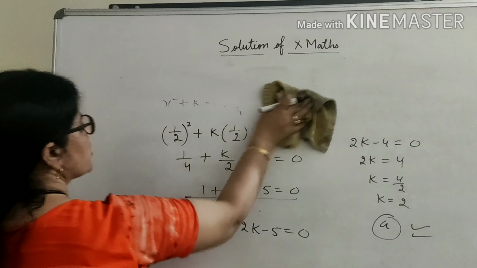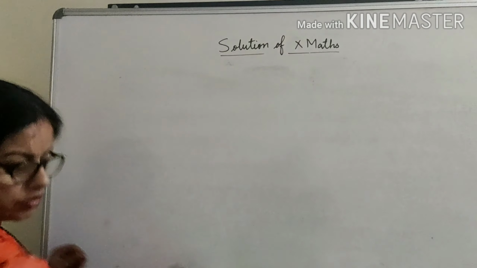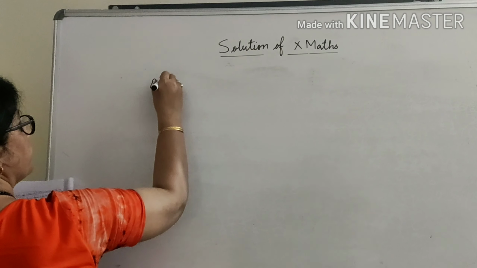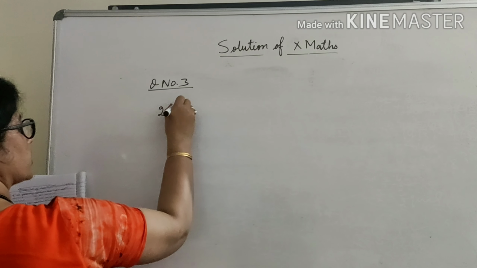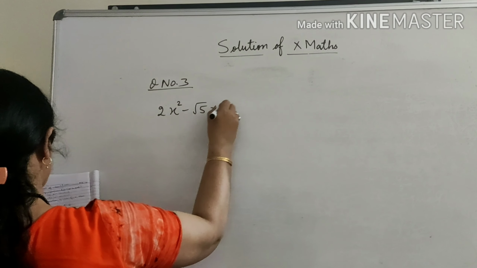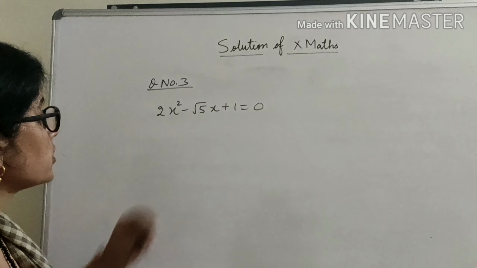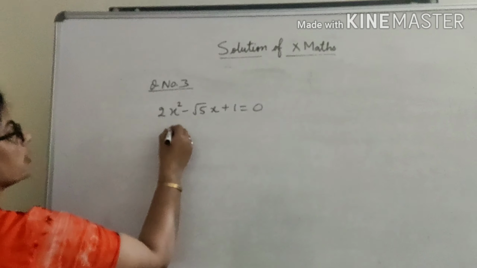Now question number 3. In question number 3 he is saying that the quadratic equation is 2x square minus root 5x plus 1 equal to 0. Tell the nature of the roots of this equation. For the nature of the roots we will find the discriminant.